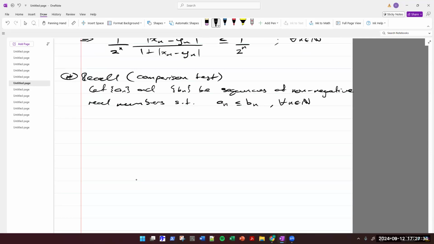If the b's converge, so if this series is convergent, so we write the sum is less than infinity, then the a's also converge. Okay, so this is known as the comparison test.